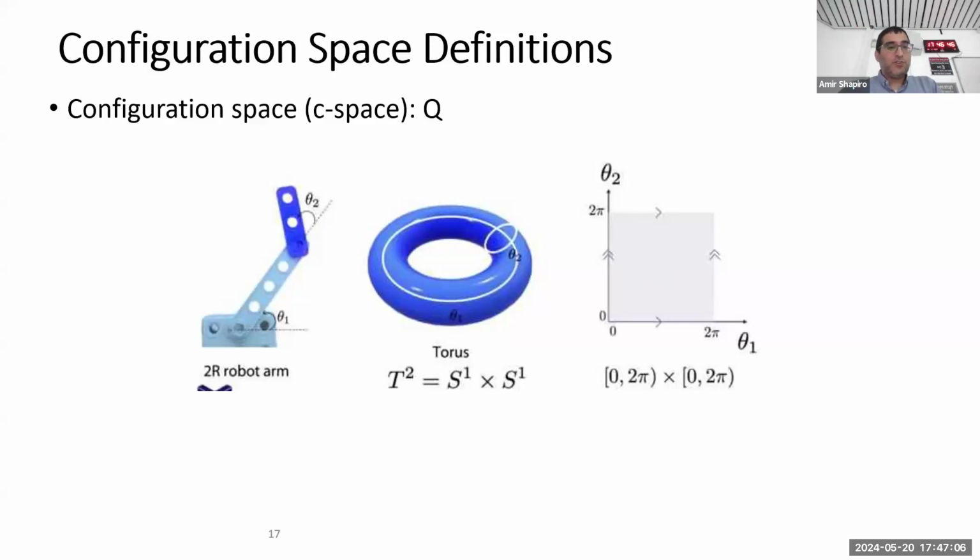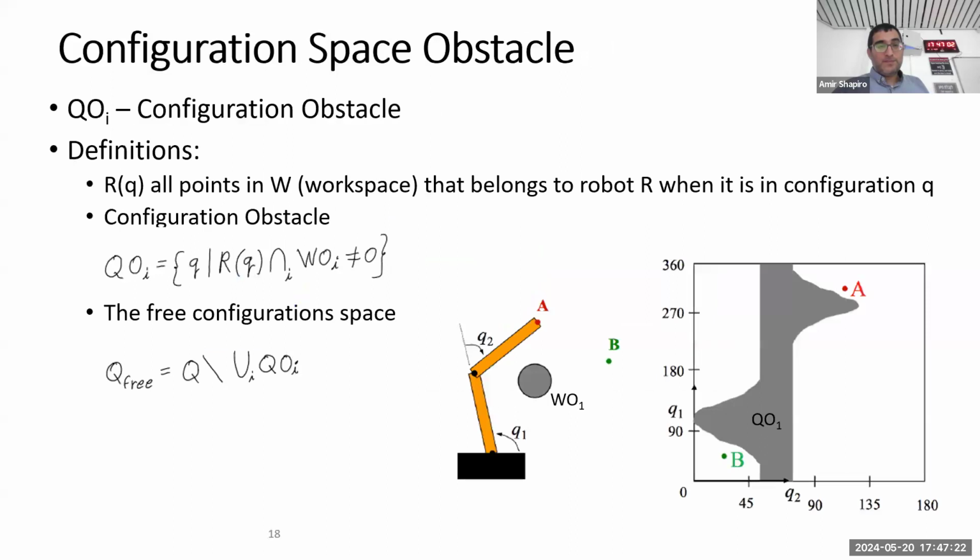So this is the configuration space, and we usually plan the motion in the configuration space, because this is the space in which we command the robot. We command it in θ1 and θ2. And also in the configuration space, there are some configuration obstacles.